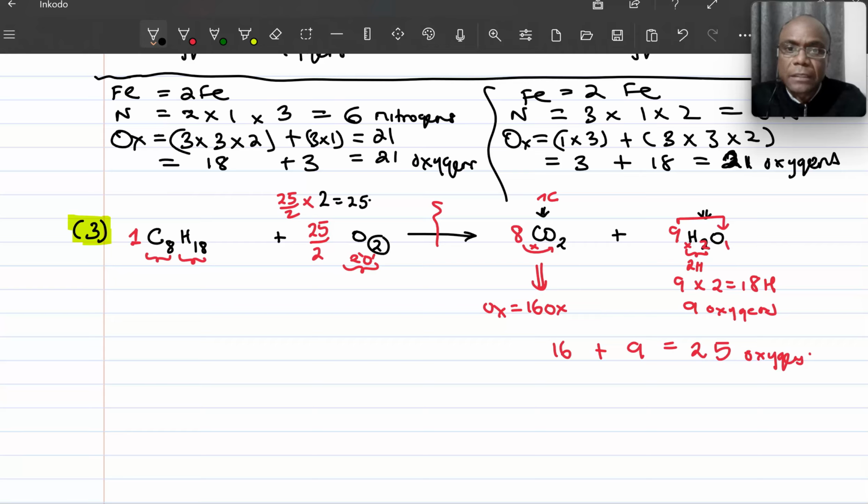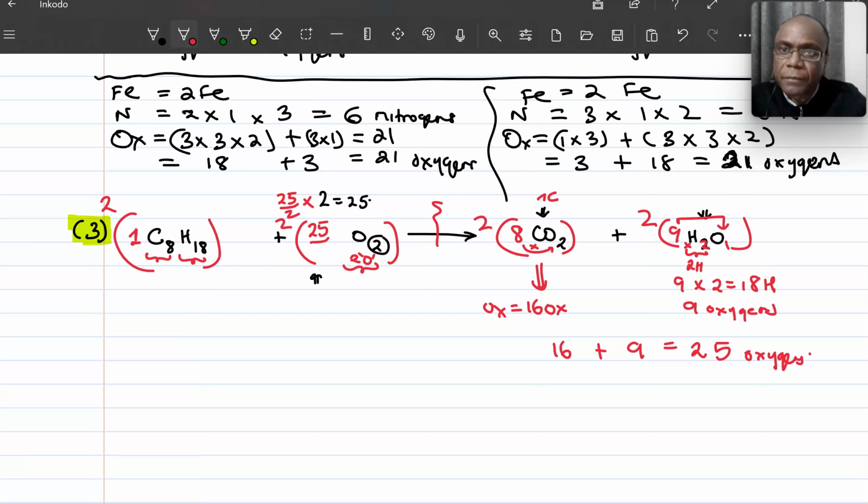There's a rule that elements usually combine in whole number ratios, so we don't want to have this fraction here. So we're going to multiply everything by 2. Why? Because we want to get rid of the 2 denominator. I'm multiplying everything by 2 to get rid of this denominator. What you do to one, you do to all.